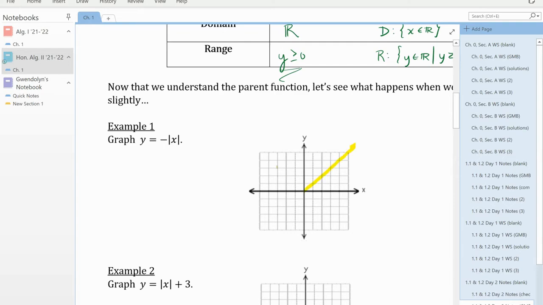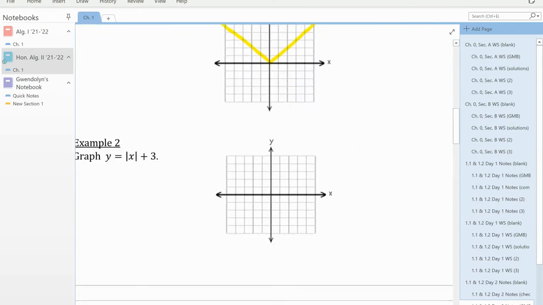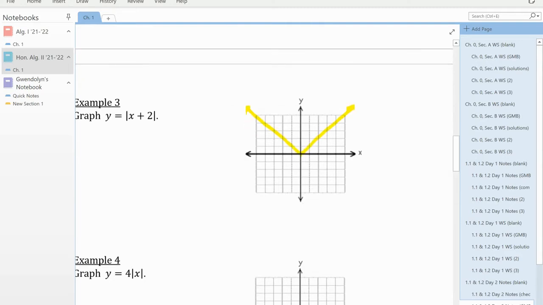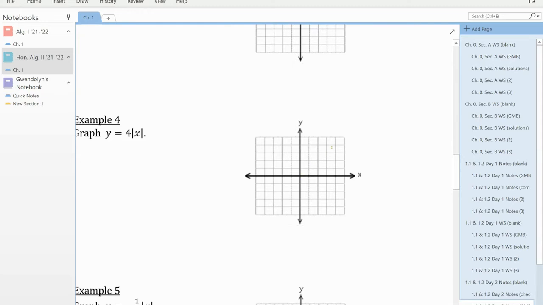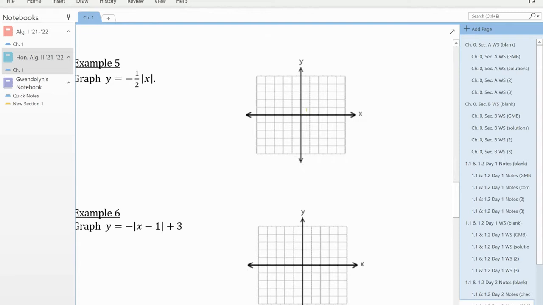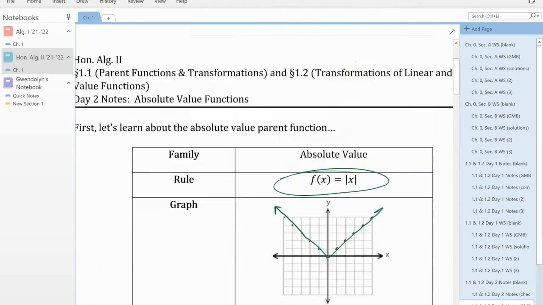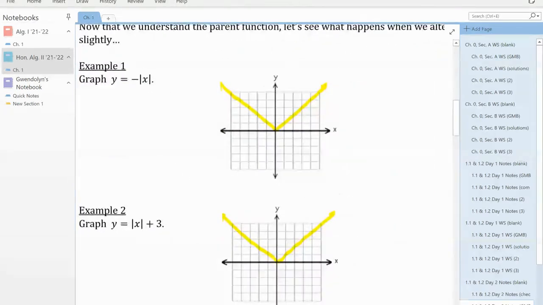We're just going to compare every single one of these back to the parent function and see if we can figure out what all the numbers and negatives and whatnot do. Whenever I change the equation, how is it going to change the graph? Okay, that's plenty. So we have our parent function graphed.